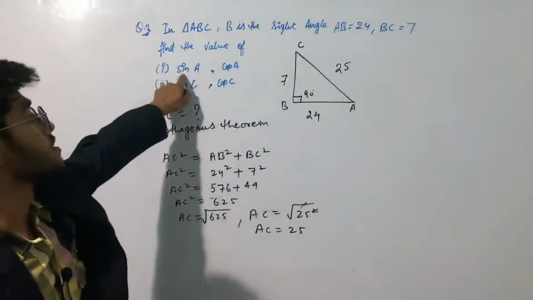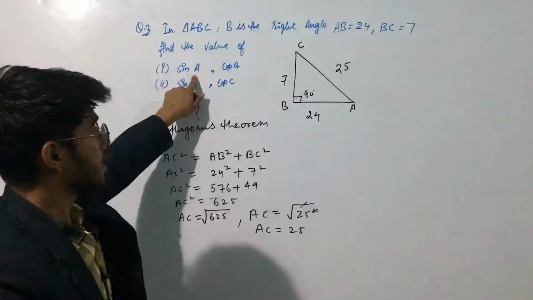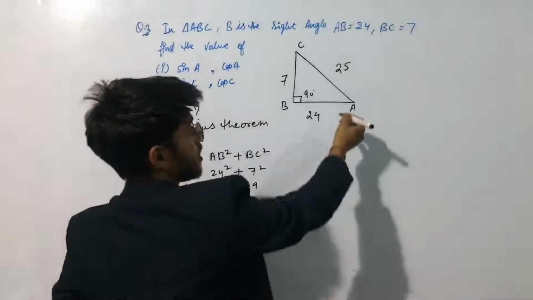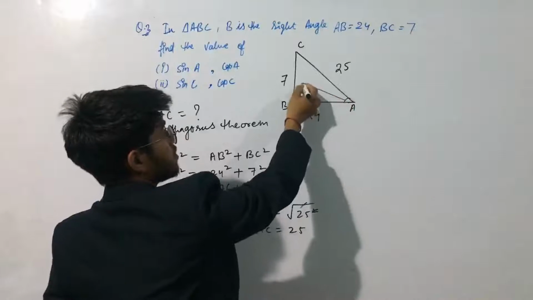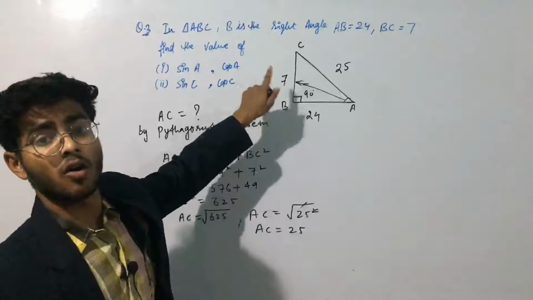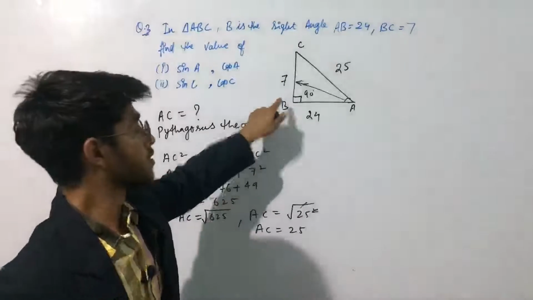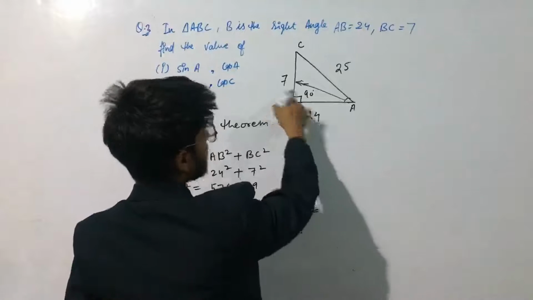And for sin A and cos A, if the angle is A, the side in front of it should always be the perpendicular. So this is the perpendicular.